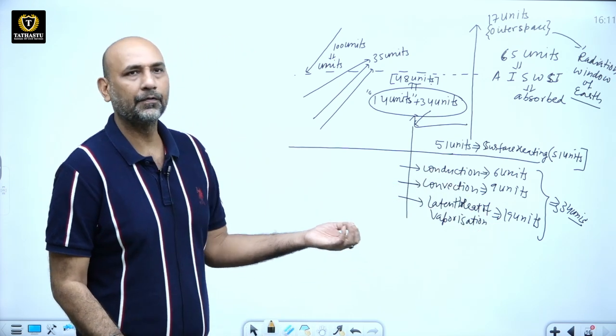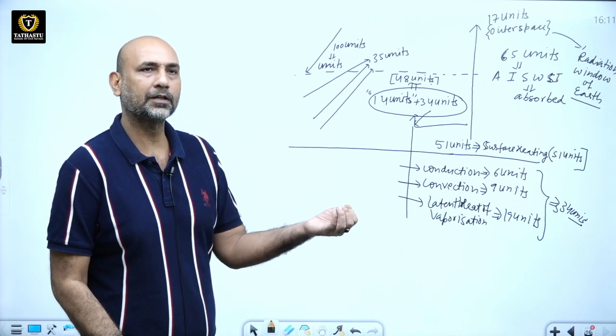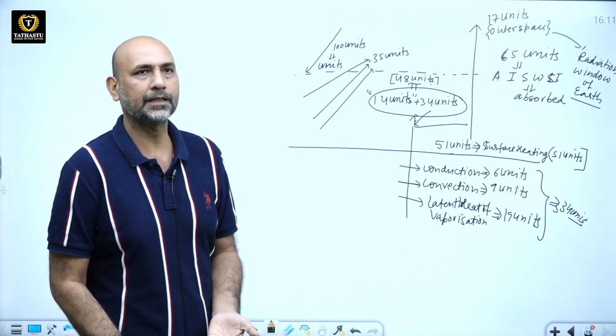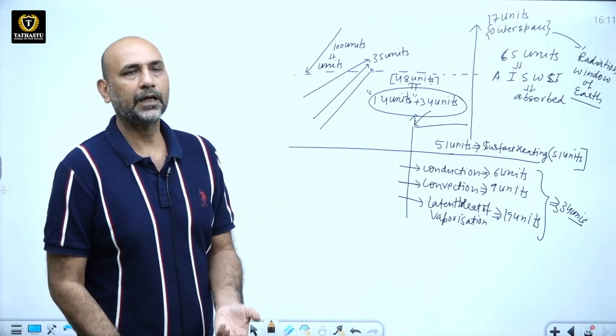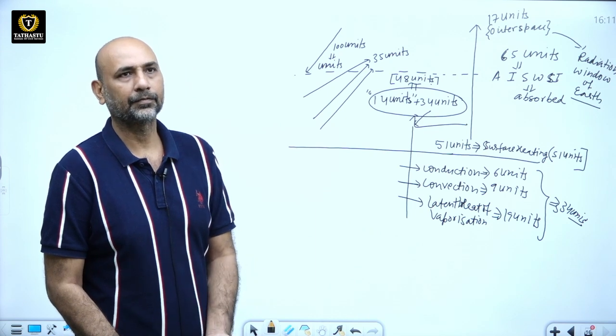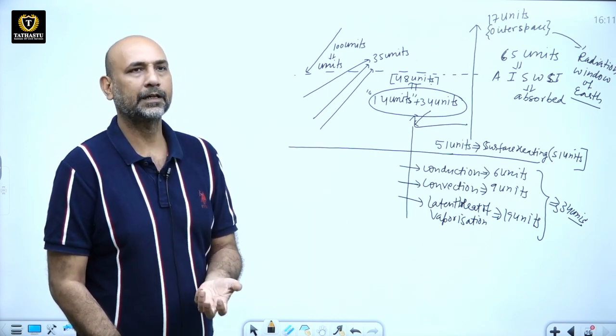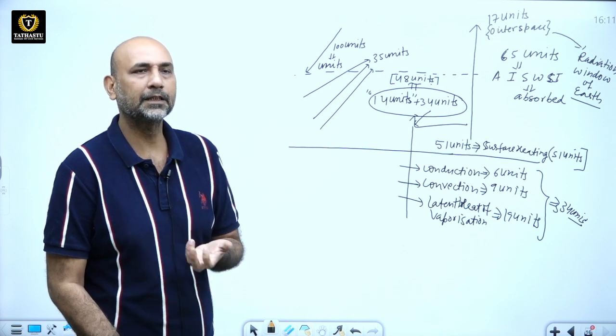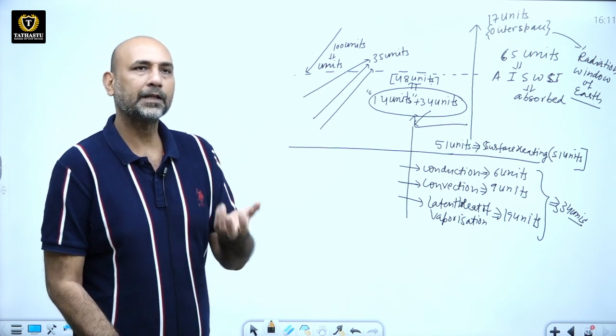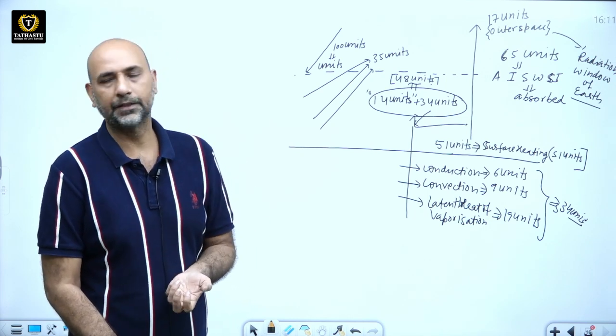And latent heat of vaporization: as you know, water is changing from the liquid state to the gaseous state. It contains latent heat, a kind of heat which is in latent form, that becomes sensible once the vapor state of water is changed into the liquid state of water.